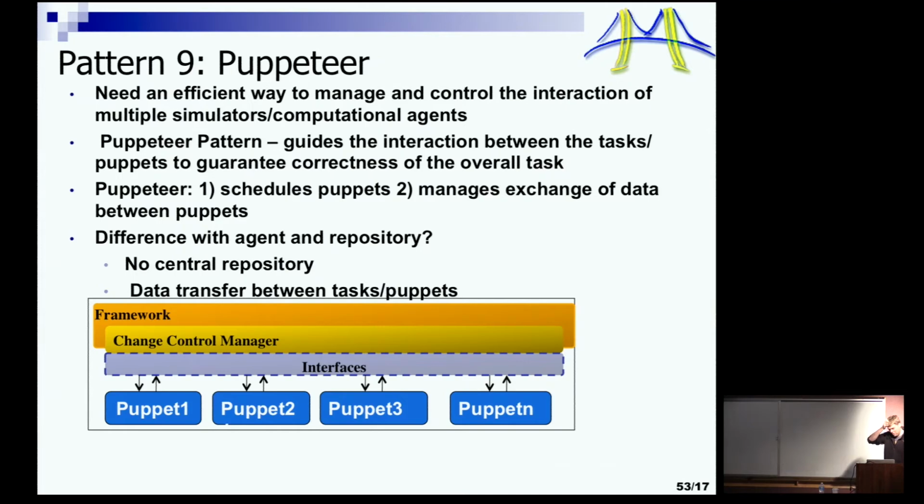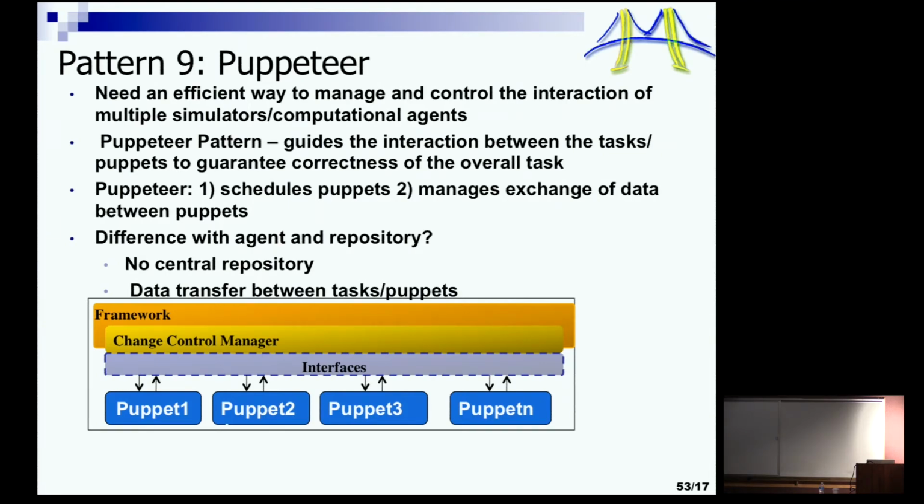Okay, so jump all the way to pattern 9, the puppeteer. Again, these are problem-solution pairs. The problem is we need an efficient way to manage and control interaction of multiple, pretty complex simulations.